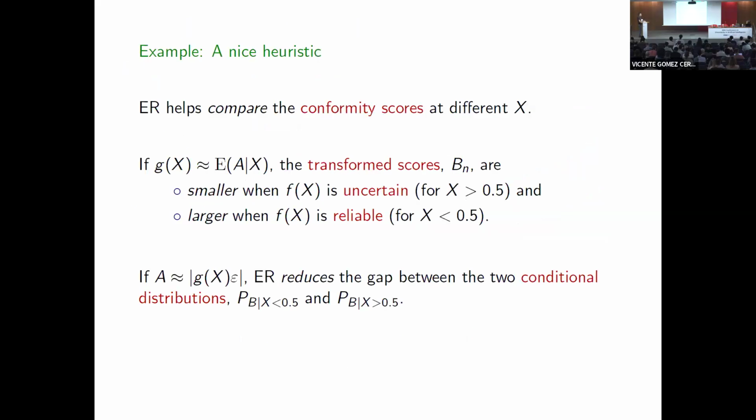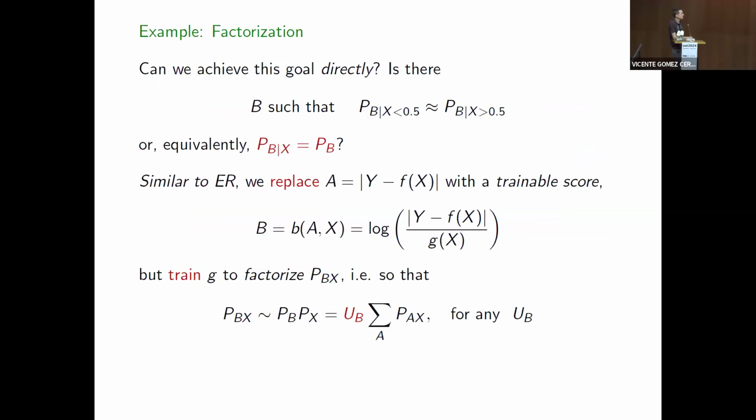And this works because when the model is reliable, you pay a bigger price when you make errors. In some sense, this is adjusting for the difference between the distribution before 0.5 and after 0.5.